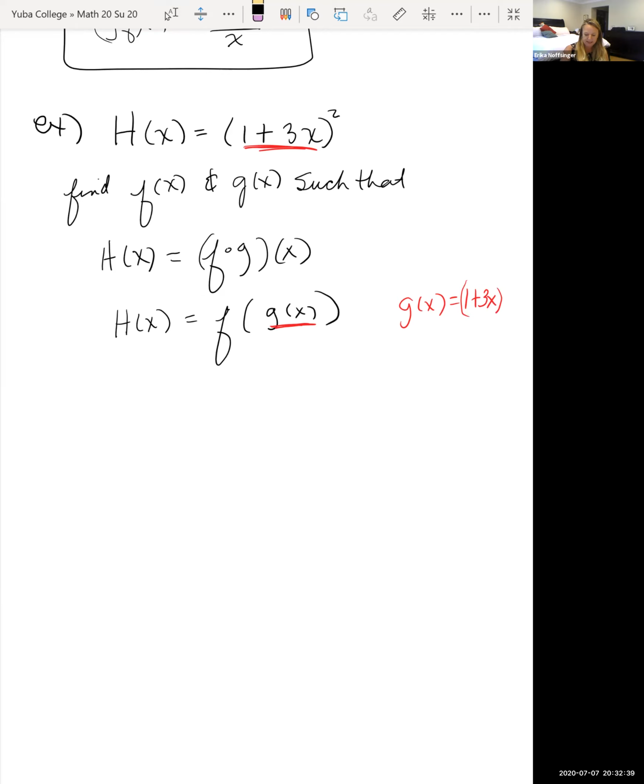And so I see this 1 plus 3x, I need an x there, and then it has to have everything else in there. So my f of x value is going to be x quantity squared. So check it out. If you plug in g of x, wherever you see an x in f of x, we get back h of x. And so these would be the two functions that could do that.